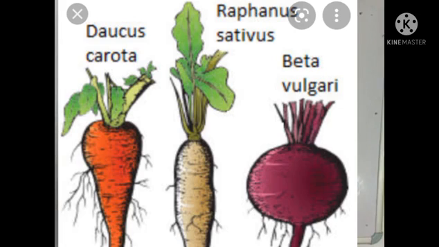This tuberous, it has no definite structure. It is found in mirabilis jalapa. It has no definite structure at all. It is found in 4 o'clock plant, that is mirabilis jalapa. And then nodulated roots, these are found in leguminous plants such as peas, beans, soybean.